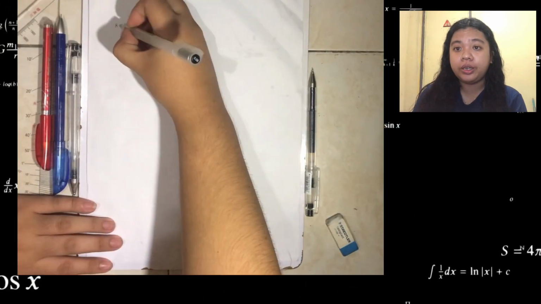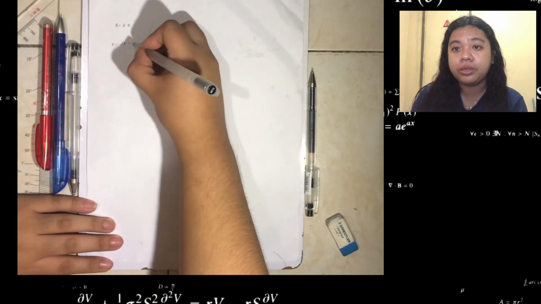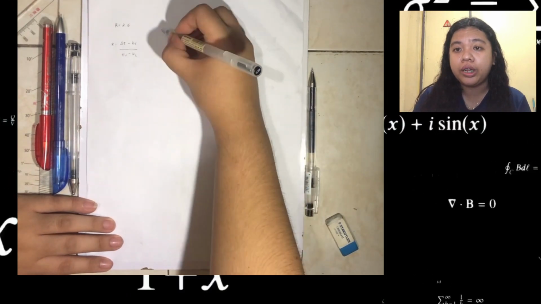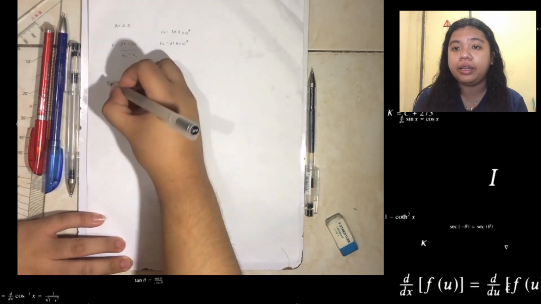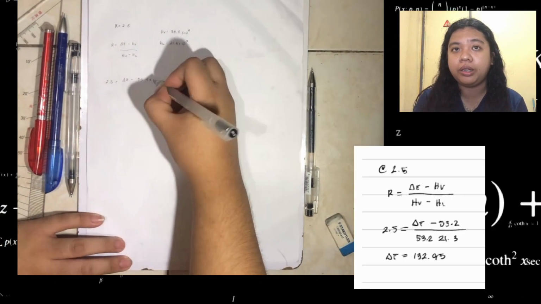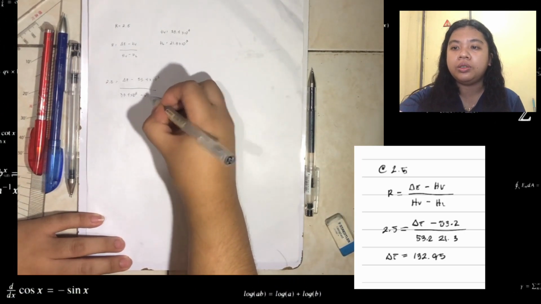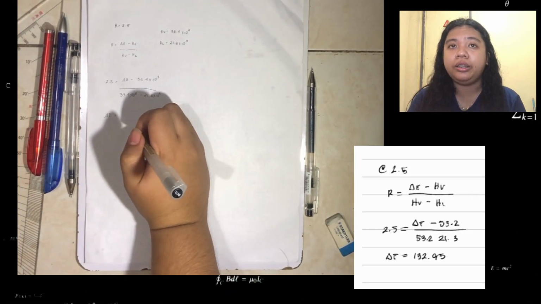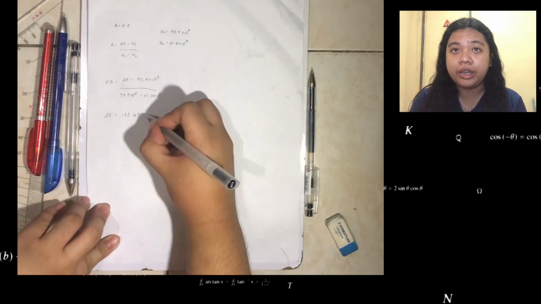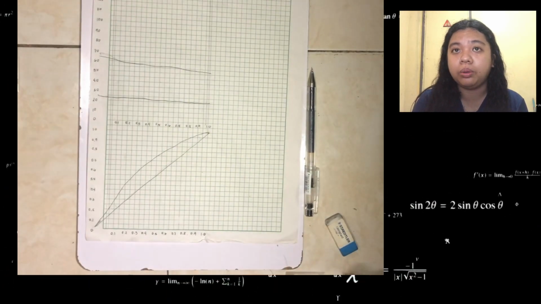Given the reflux ratio, we can now solve for delta E by using the equation: reflux ratio is equal to delta E minus HV over HV minus HL. So our HV and HL values are the same as mentioned previously. In solving, we can now get enthalpy as 133.65 times 10 raised to 3 kilojoules per kilomole.